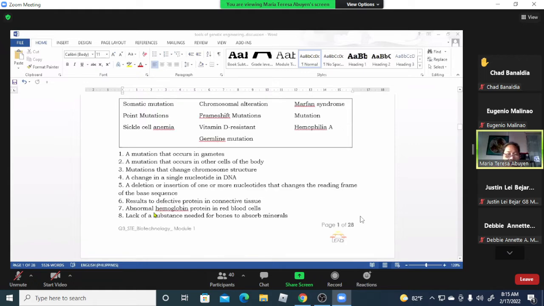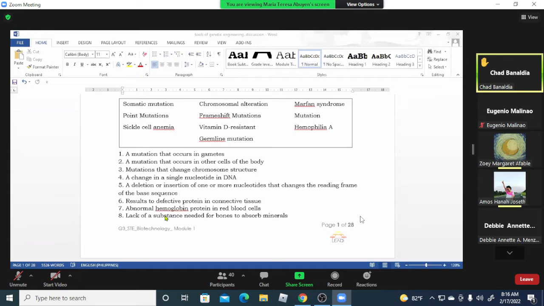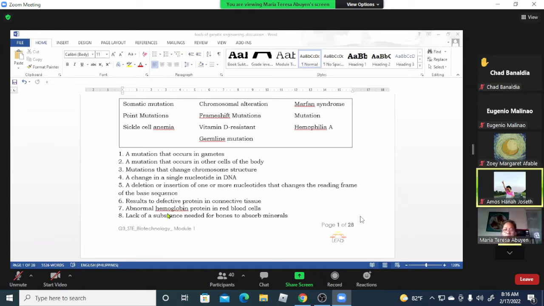Okay, number 7, abnormal hemoglobin protein in red blood cells. I think I mentioned this last time. Sickle cell anemia. We call this mutation sickle cell anemia, which is actually fatal.